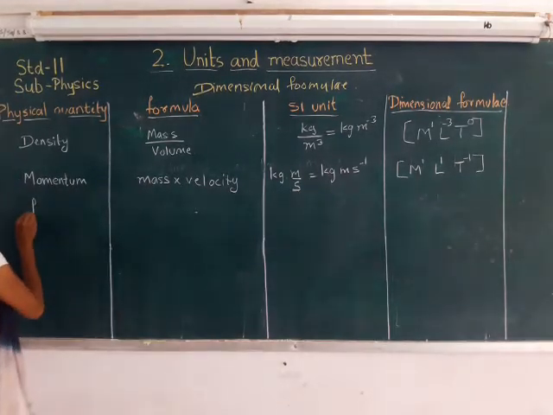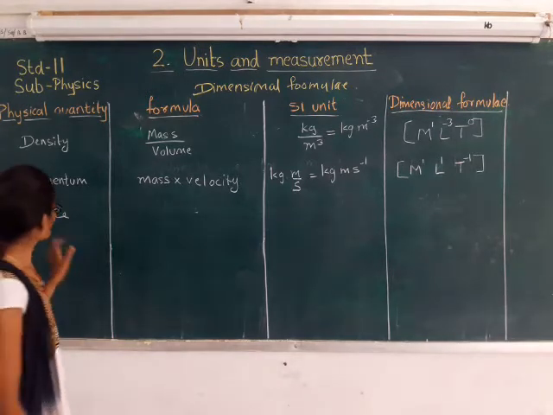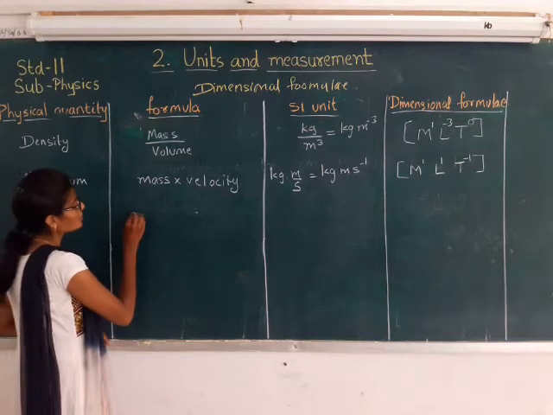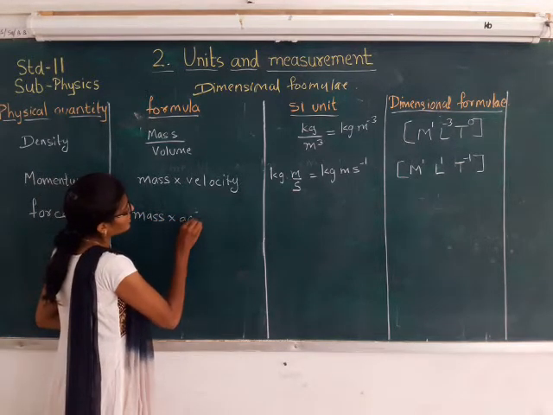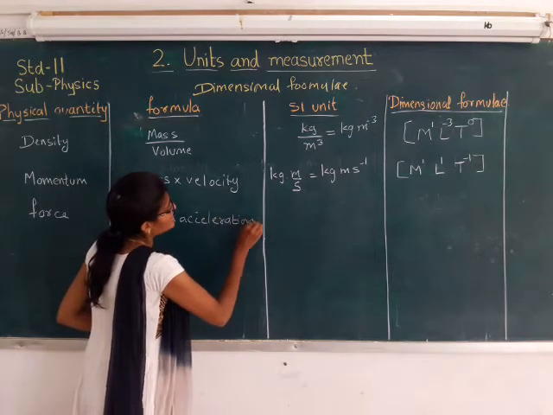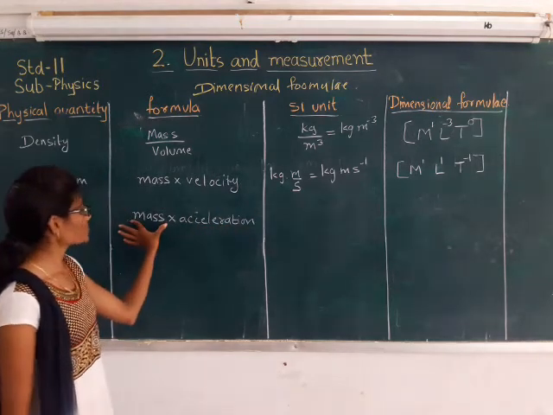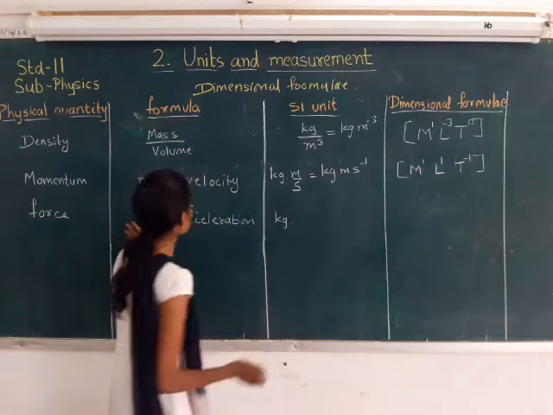Now let us find the dimensional formula for force. First of all, we need to write the formula, and we know the formula for force is mass into acceleration, right? Now let us write its unit. First of all, mass, its unit is kg.